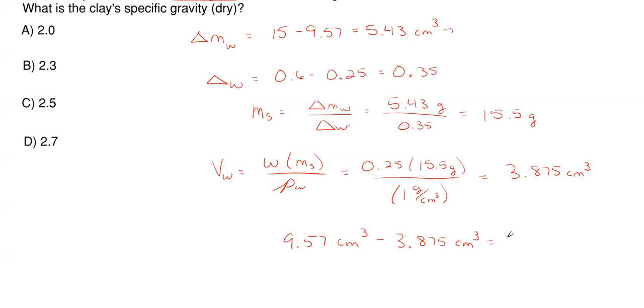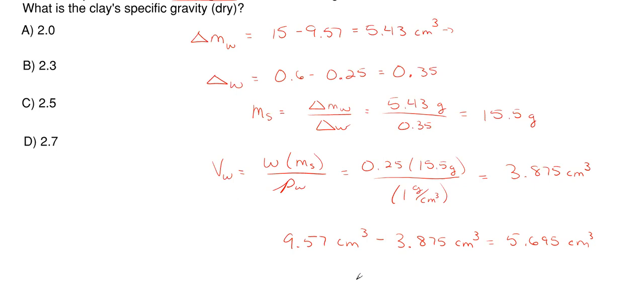This gives us a total of 5.695 cubic centimeters. So this will be our volume of the solid at the shrinkage limit once we subtract out our water volume at the shrinkage limit.